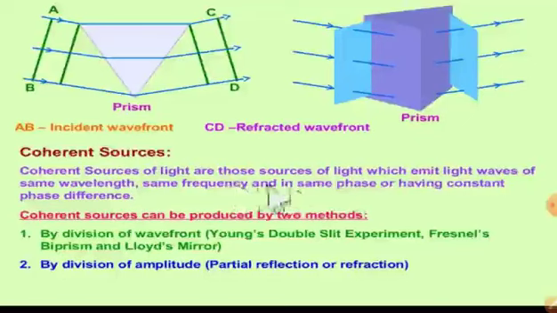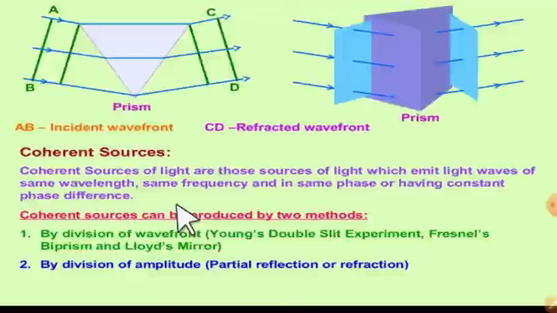Coherent sources of light are those sources which emit light waves of the same wavelength, same frequency and same phase.